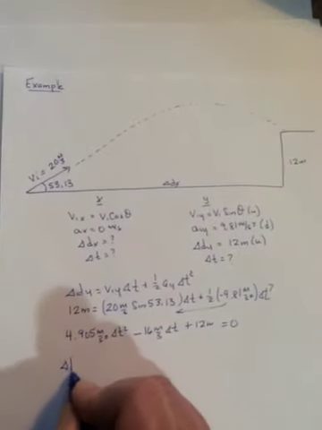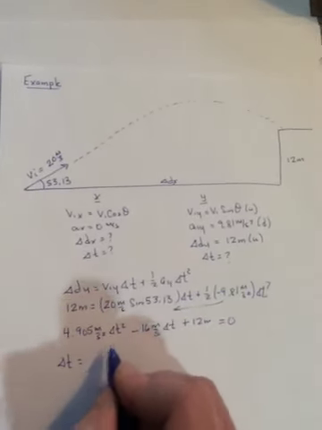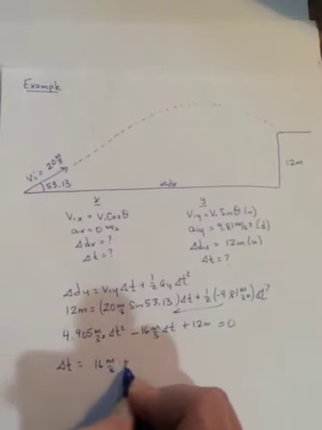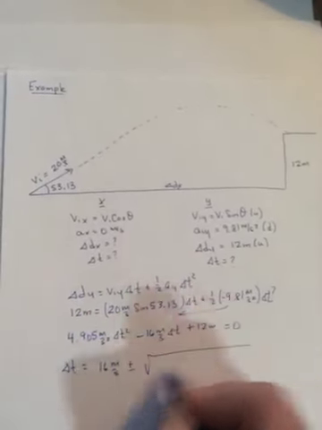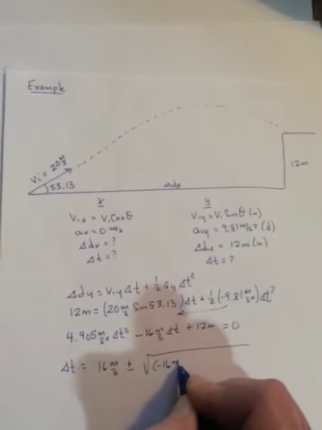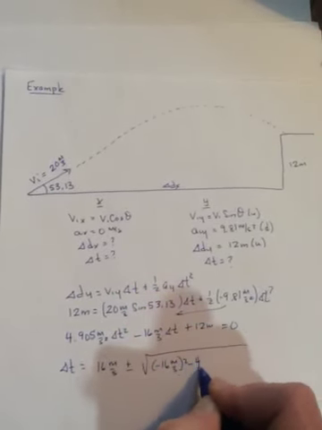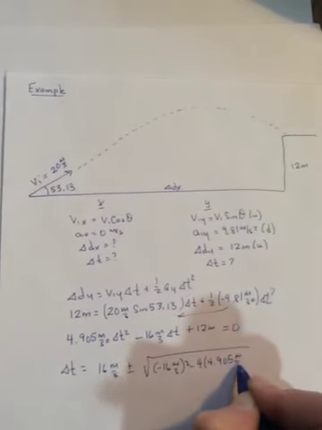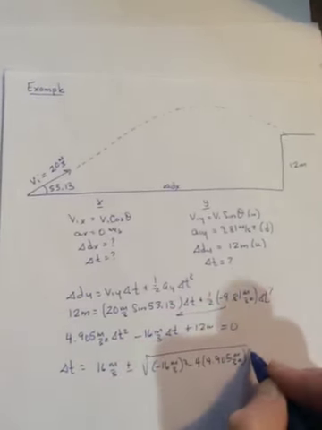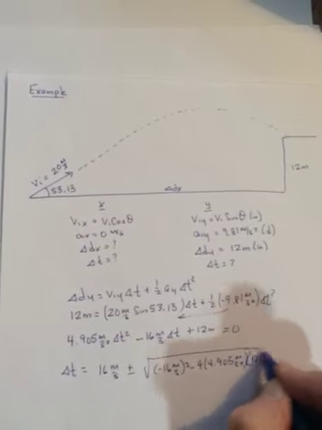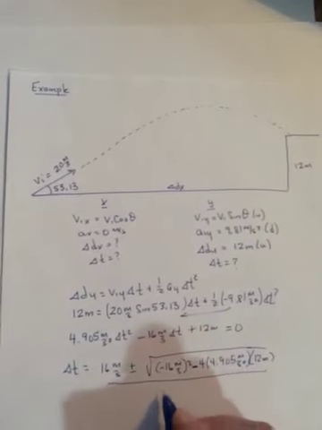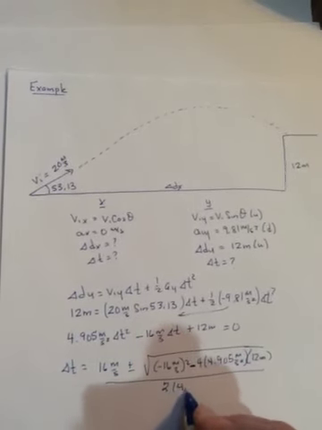So then we do delta t is equal to negative b, so positive 16 meters per second, plus or minus the square root of negative 16 meters per second squared minus 4a, 4.905 meters per second squared, c, 12 meters. So this time this section is going to be subtracted, not added. All over 2 times 4.905.